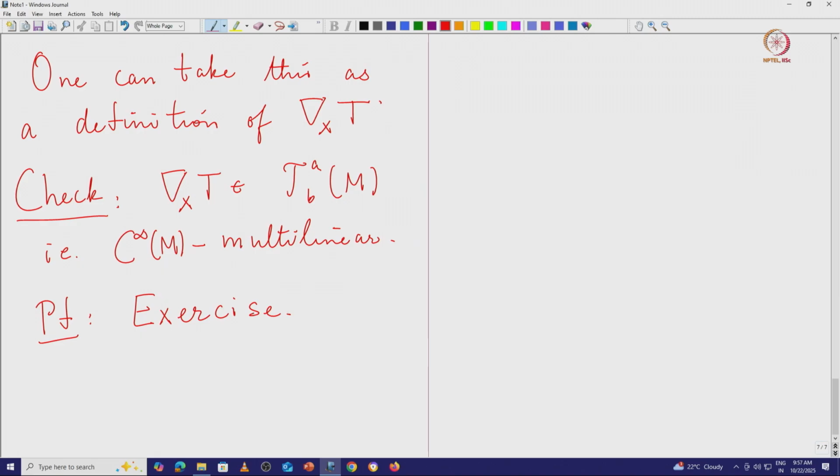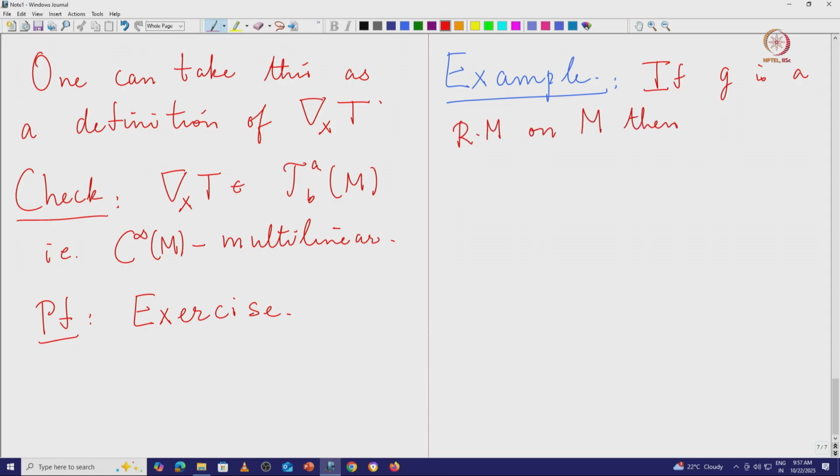All right. So maybe it's nice to observe the following. Let's calculate out an example. Let's take the Riemannian metric itself. So recall that if G is a Riemannian metric, then G is a tensor of the type 0, 2.